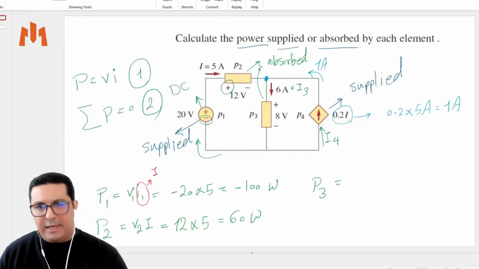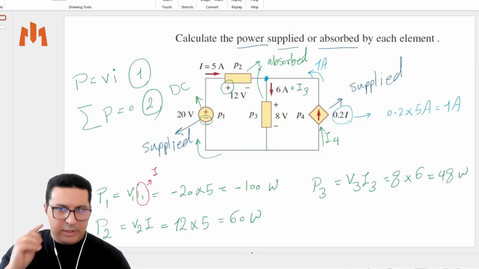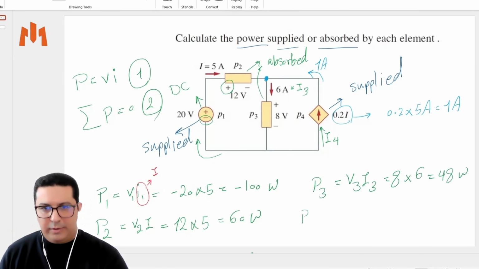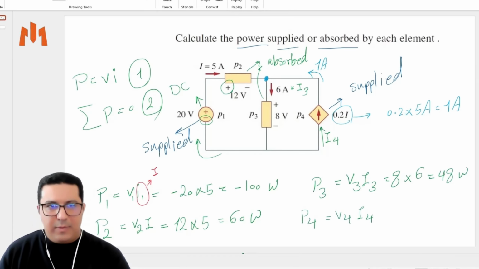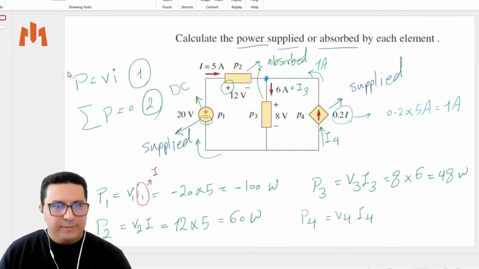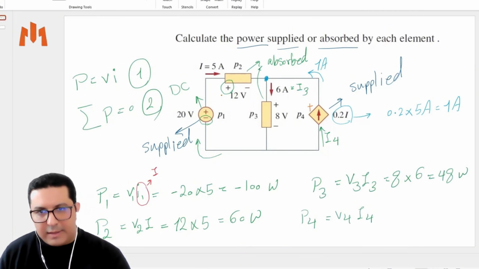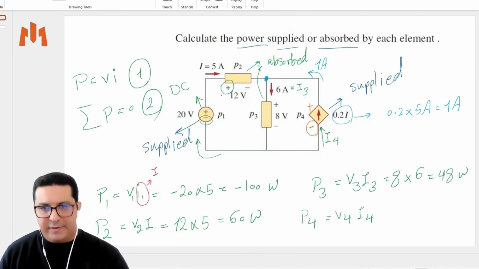P3 is V3 and I3. It is 8 multiplied by 6. This is 48. But about P4, again, this is V4 and I4. But again, be careful. This is positive and negative. The current goes to the negative terminal.